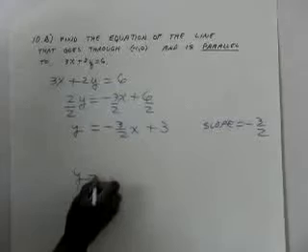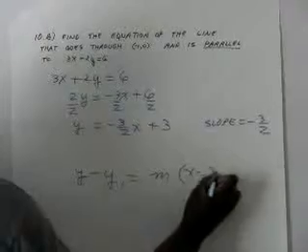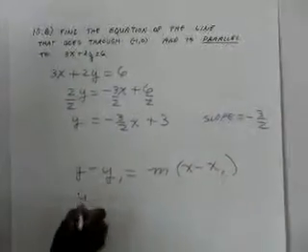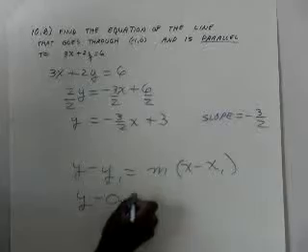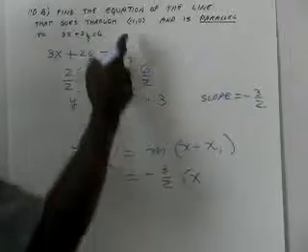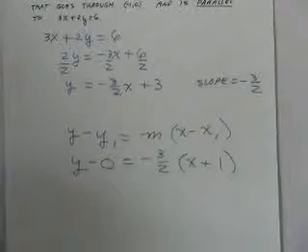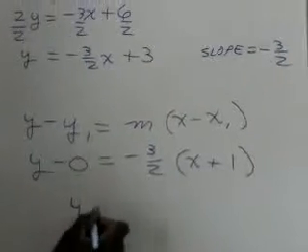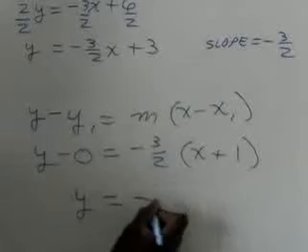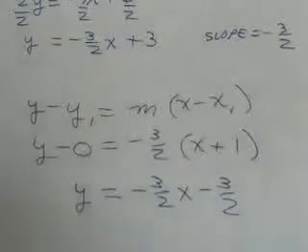So y minus y1 is slope times x minus x1. y minus 0, slope negative 3/2 times x minus the negative 1, that's a plus 1. Now, y minus 0, that's just y. Distribute here, negative 3/2 x minus 3/2. And there's the equation of the line we're looking for, and it's in slope-intercept form.